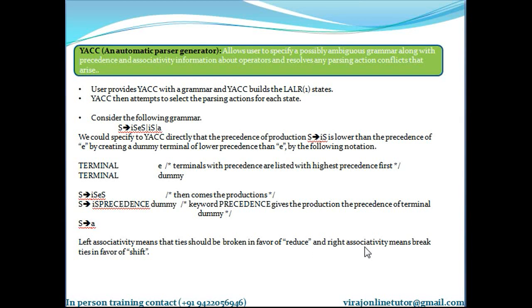And if the operator is right associative, ties should be broken in favor of shift. Okay, if the operator is left associative, ties should be broken in favor of reduce. And if the operator is right associative, ties should be broken in favor of shift on the stack. Okay.